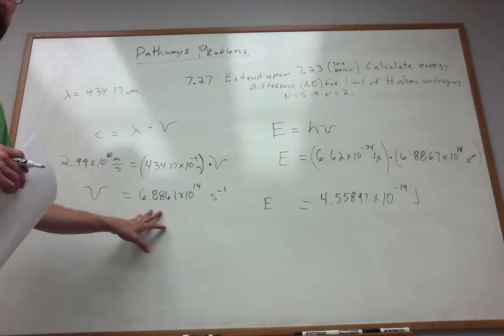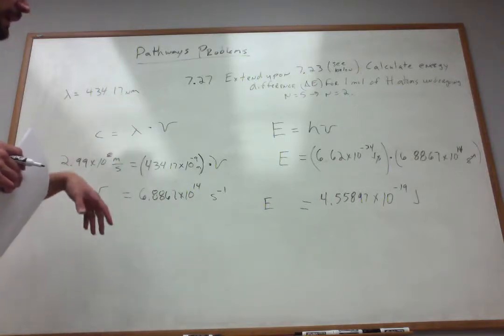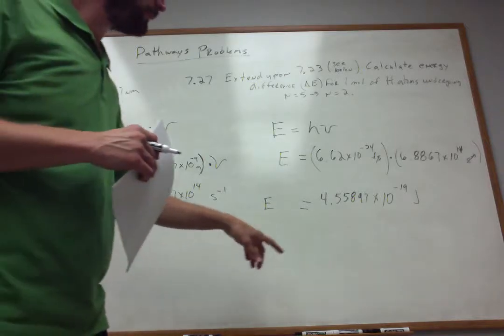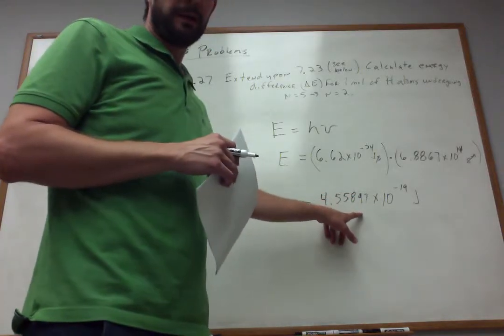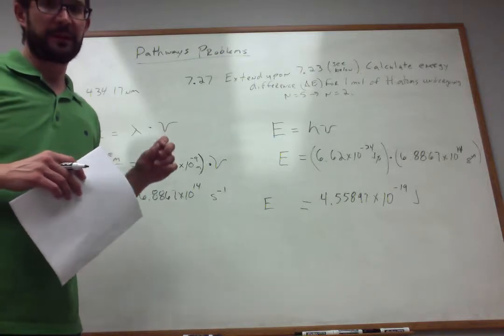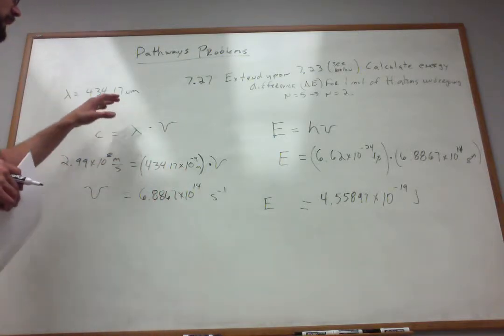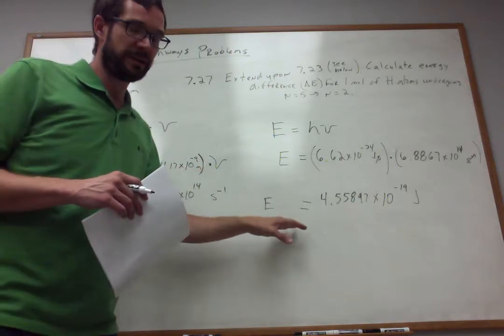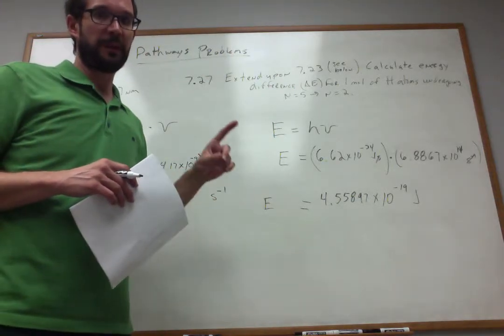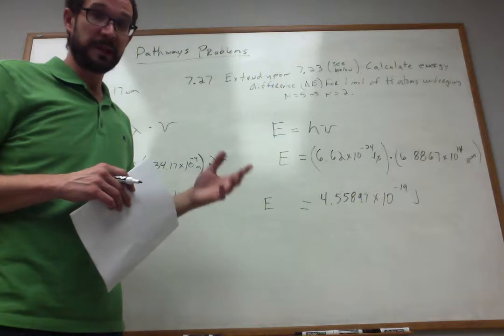The frequency is the number of cycles per second of the wave that corresponds to this wavelength. This frequency gives us this energy. Now that energy is for a single photon of light of this frequency, of this wavelength. That energy would originate from a singular atom emission.